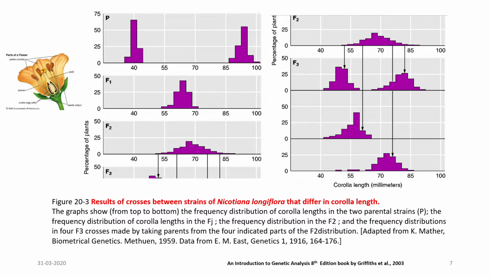If they are further bred to produce the F2 generation, the average mean reduces, but the variation increases.